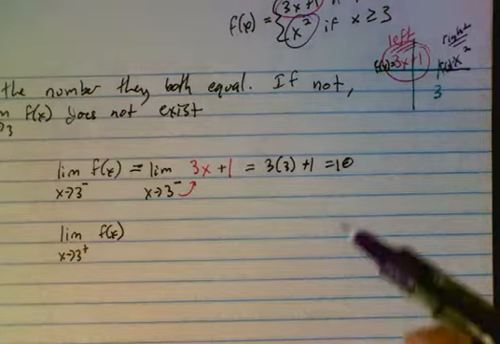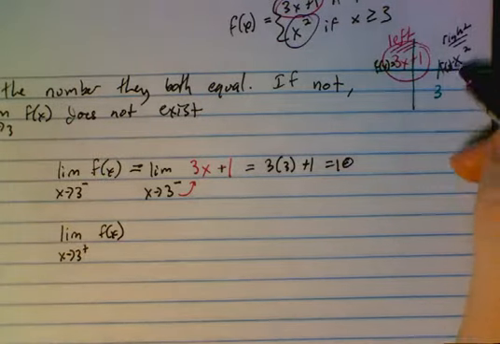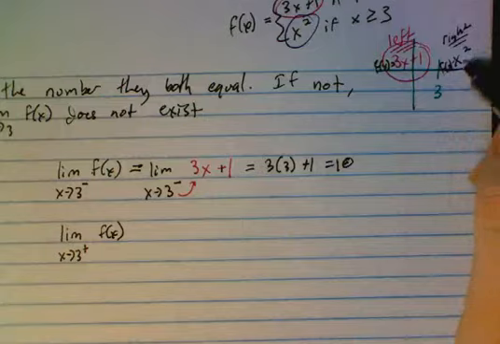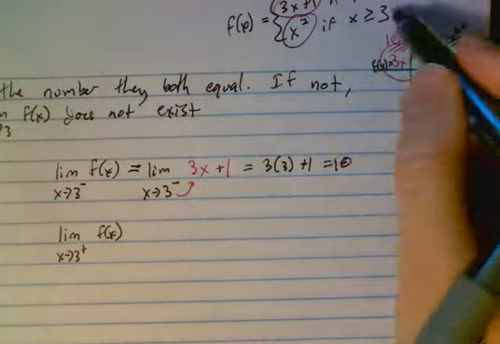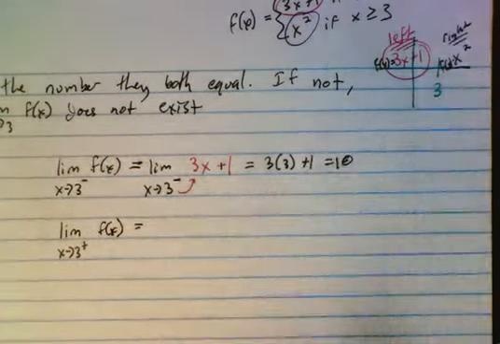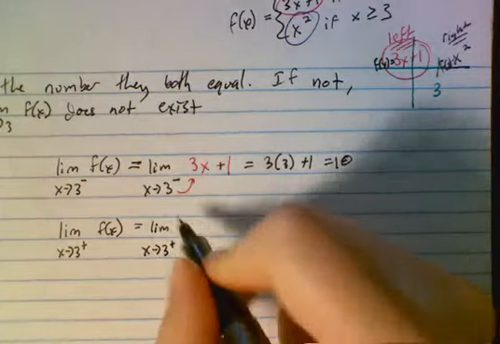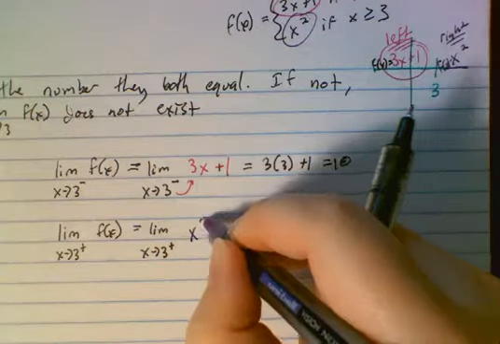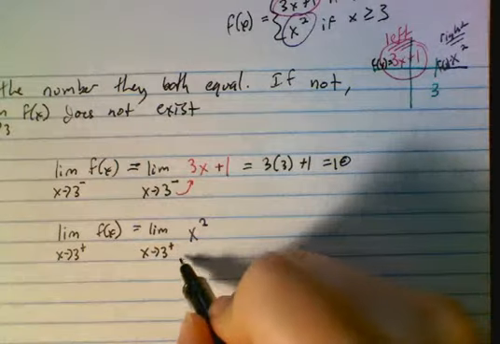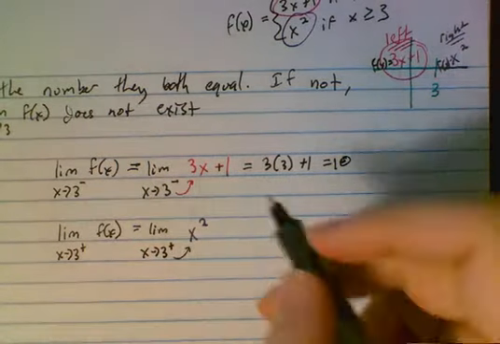On the other hand, here I'm working with as we approach 3 from the right. So I want to use the function that's on the right. I want to use the function that's for greater than 3. So that means we're going to have the limit as x approaches 3 of x squared. And I'm still just going to plug that 3 right in there.